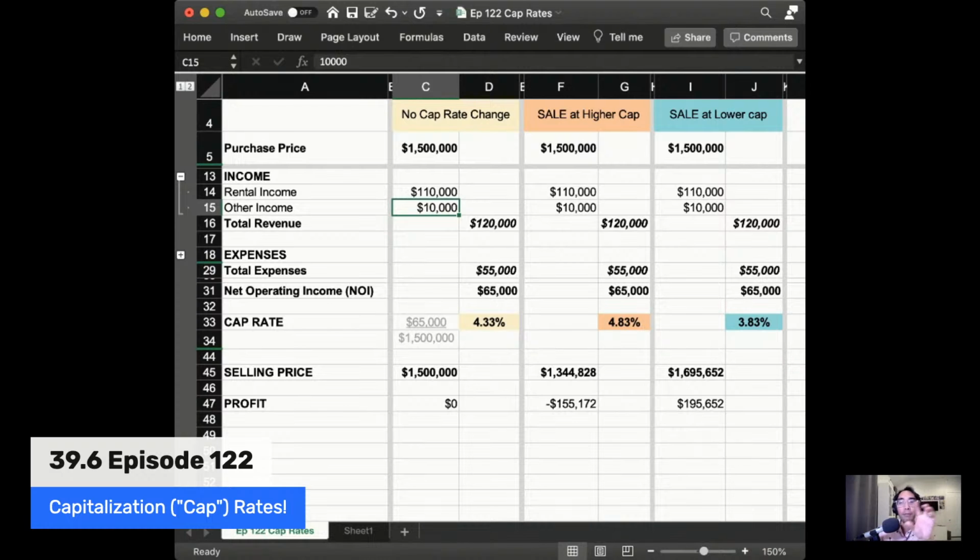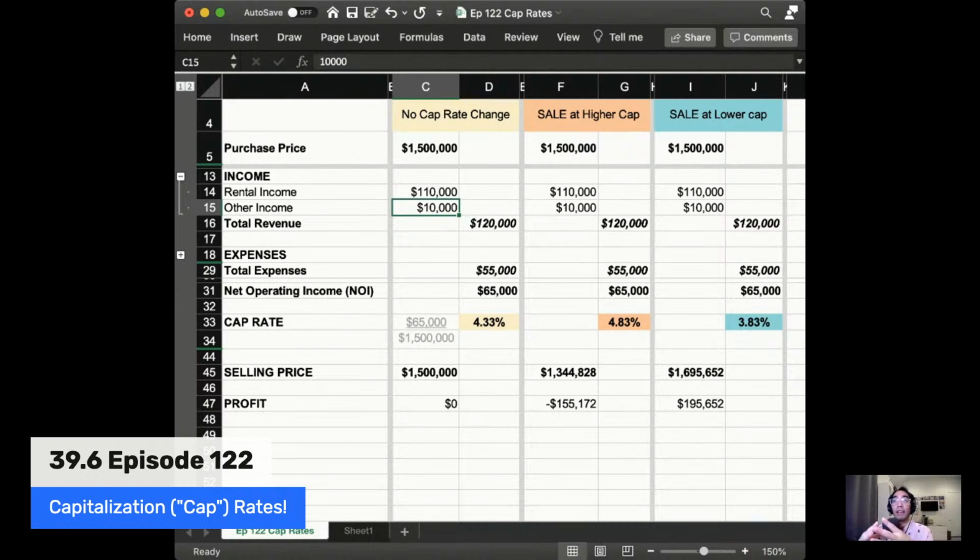Okay, there's a lot of parallels between bonds and real estate because a lot of it is associated with these percentages that are correlated with a price, okay, and correlated with distributions. So if you were to buy a property in cash, that net operating income is your cap rate.